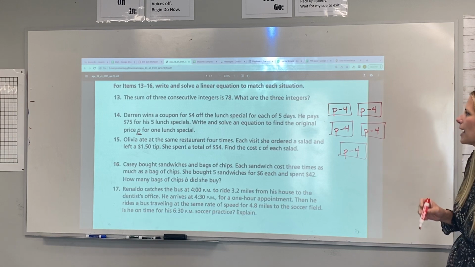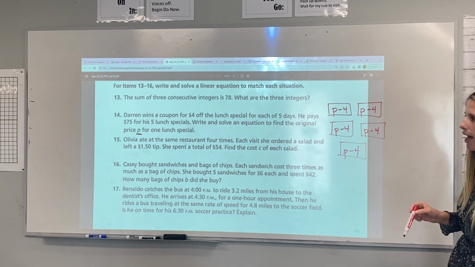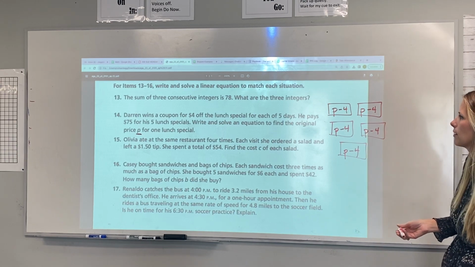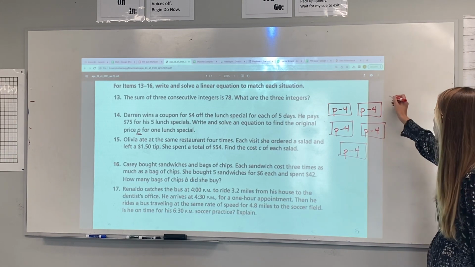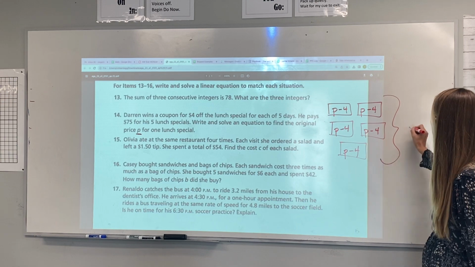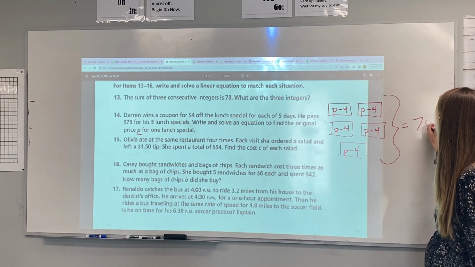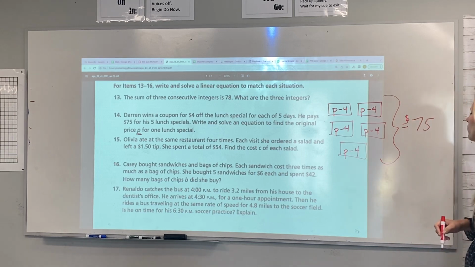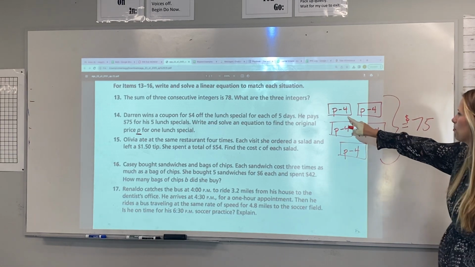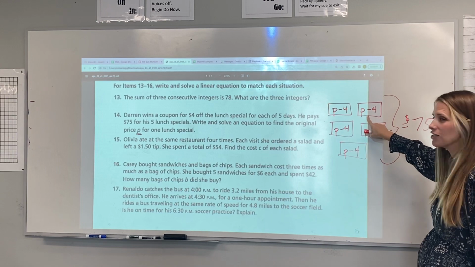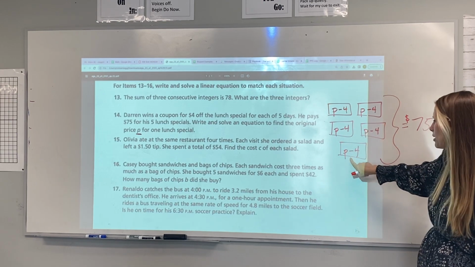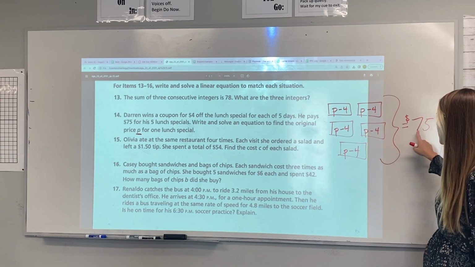What's the total that he spent after using all of these discounted prices? $75. So all of these together will be $75. Do you agree that P minus 4 plus P minus 4 plus P minus 4 plus P minus 4 plus P minus 4 equals $75?